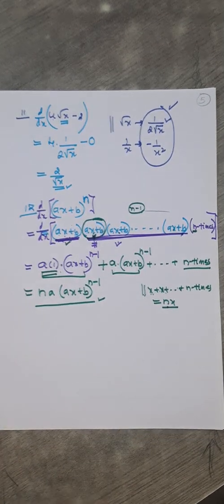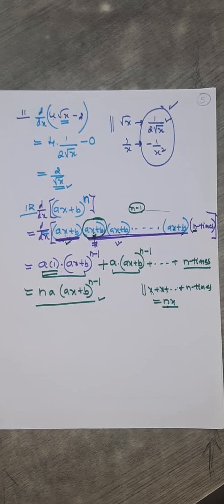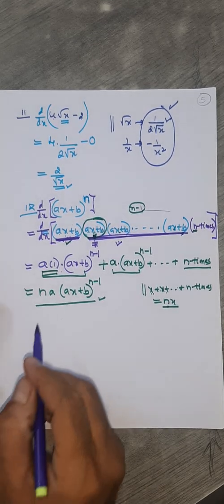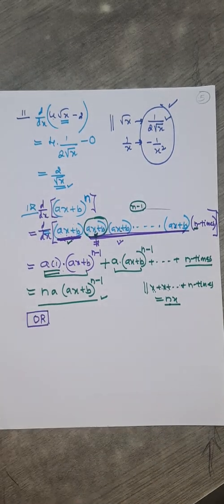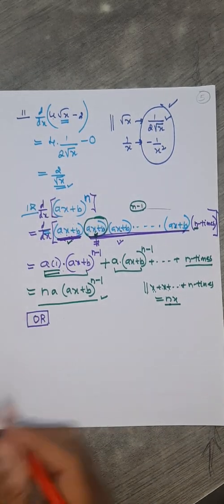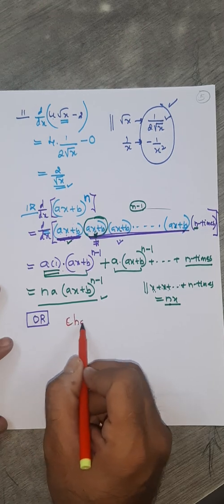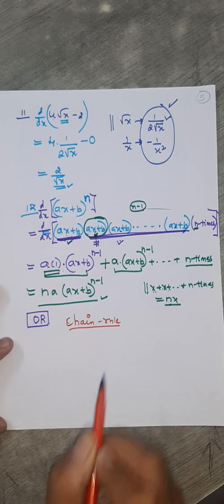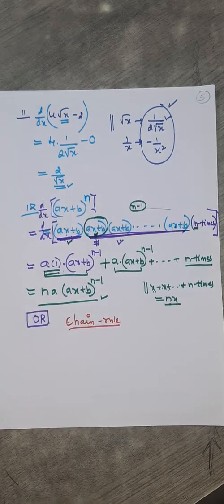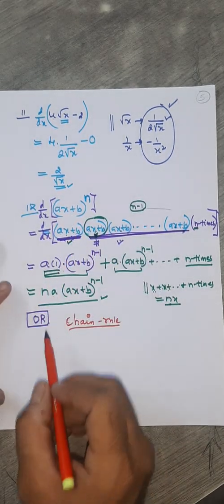Now you cannot do it this way in subjective, or we can do it like this also. This is called the chain rule actually, which we will do next year in 12th standard. What is chain rule? See, come to this.